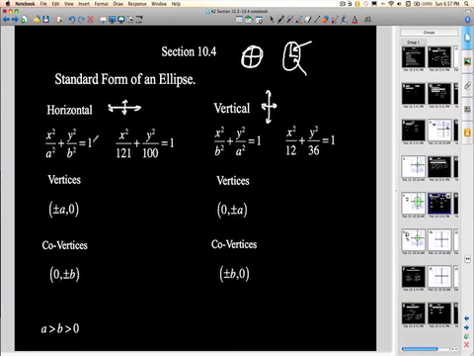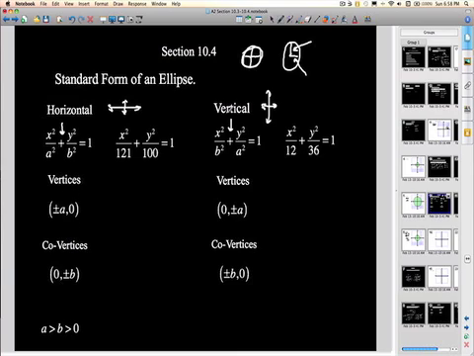Okay, so standard form for an ellipse: x squared over a squared plus y squared over b squared equals 1. The key here is it has the plus sign just like the circle does. If it was a minus sign, then it would be a different form. What we need to find out are covertices and vertices.